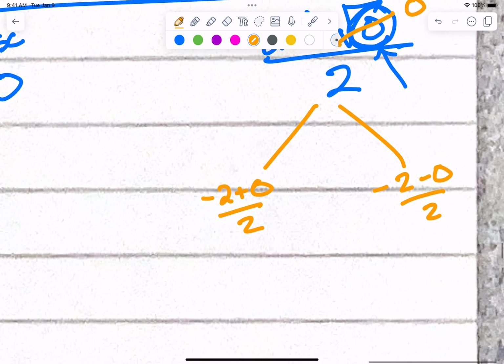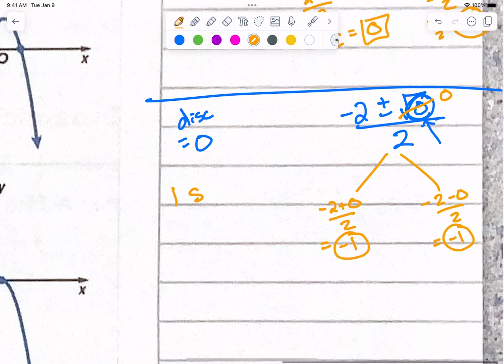What's -2 plus 0 divided by 2? -1. What about -2 minus 0 divided by 2? -1. So I get 2 answers that are the same answer, so I really get 1 solution. If my discriminant is 0, I'm going to get 1 solution. Do you see how that works? Because adding 0 and subtracting 0 are the same thing.